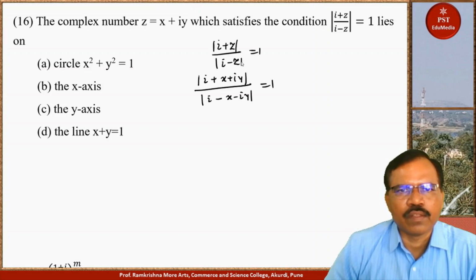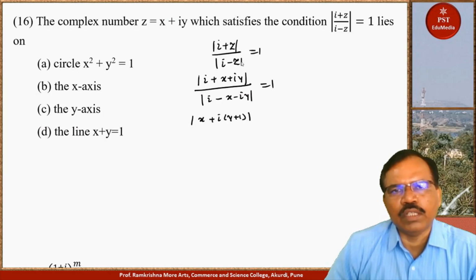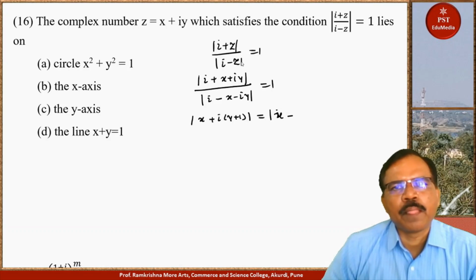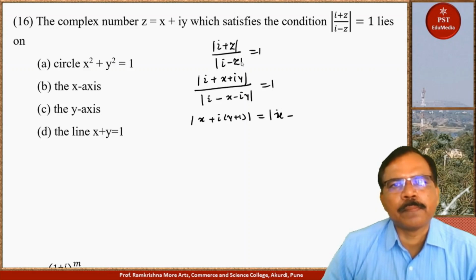So we get here x plus iy plus 1 modulus will be equal to x minus iy minus 1.